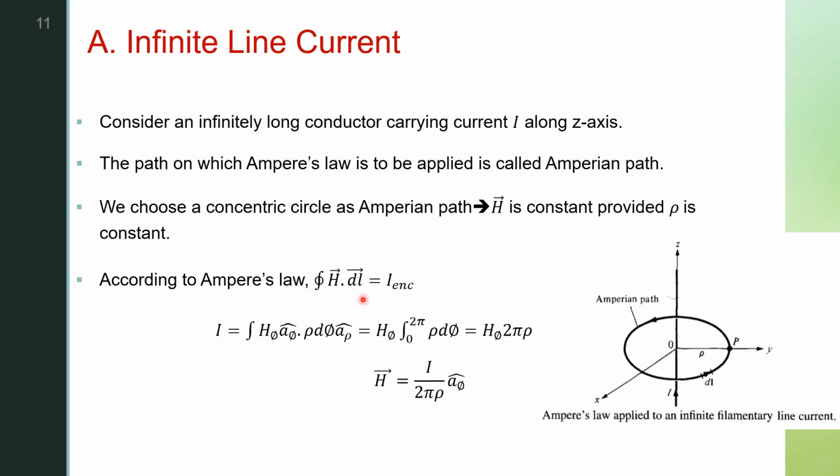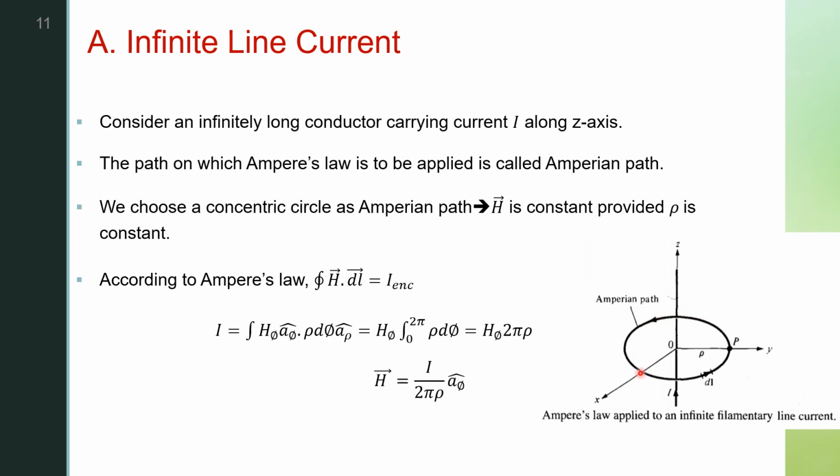We know the basics of Ampere's law, that is closed integral H dot dl is equal to current enclosed. That is I is equal to integral H dot dl. Here we have only the phi component. There is no component of H in rho and z. Only we have the phi component, like a circle.